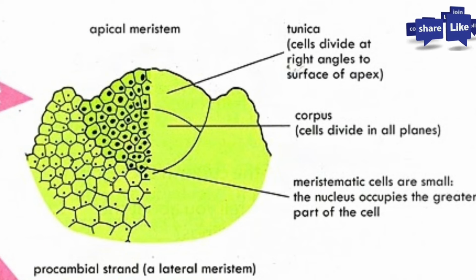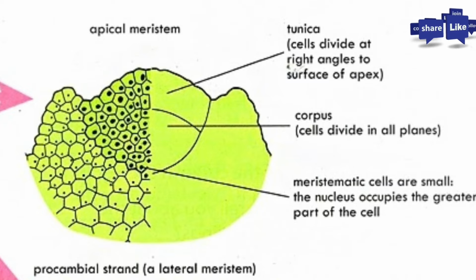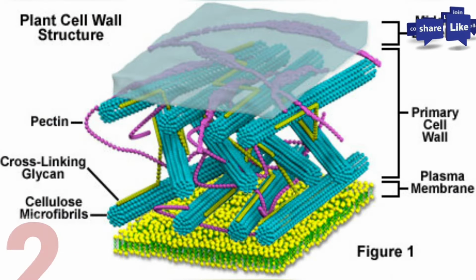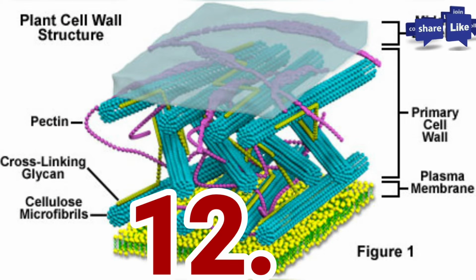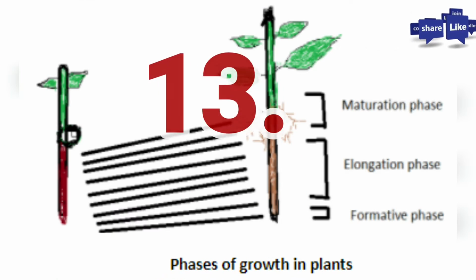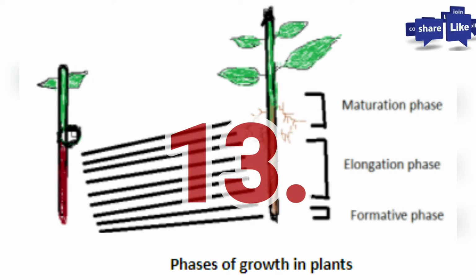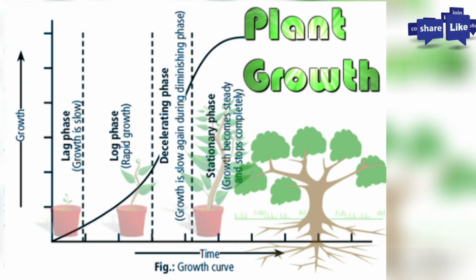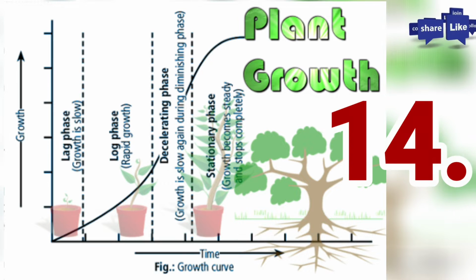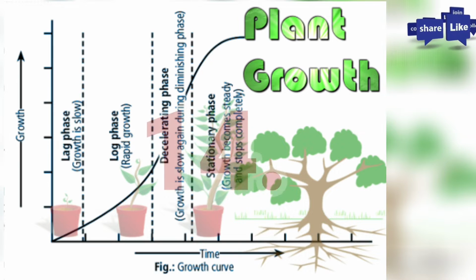Cells in the meristematic phase are rich in protoplasm and possess large conspicuous nuclei. Cell walls in the meristematic phase are primary. The phase of elongation is characterized by increased vacuolation, cell enlargement and new cell wall deposition. Cells of the maturation phase attain their maximal size in terms of wall thickening and protoplasmic modification.